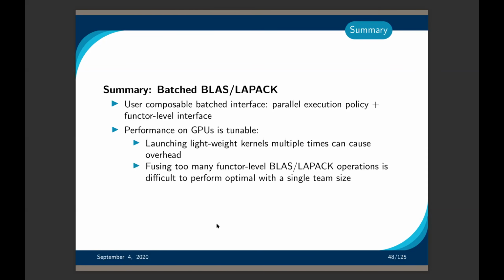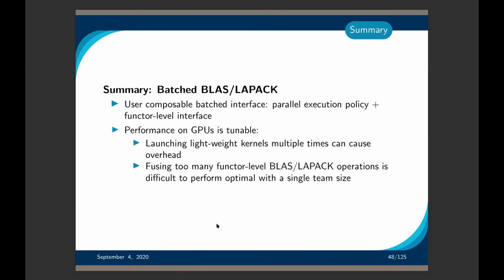So you need to provide the right granularity of the decomposition of your routine. I don't want you to include 100 functor level interfaces in a single parallel for. It's not going to work very well. So you need to group certain functionality into stages, and you put them in the same parallel kernels.